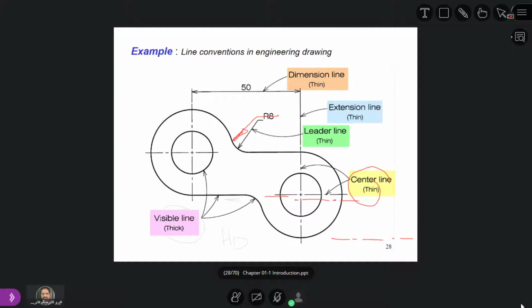This is the radius for this, so this is the leader line, a thin line. The extension line for the dimensions is also a thin line, and where you write the dimensions is also thin lines. So the only thick line you use is for the shape. Okay, is that clear?